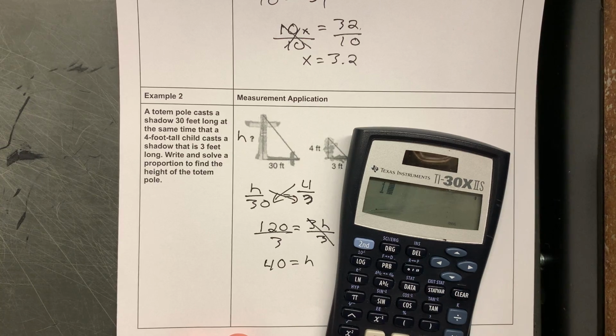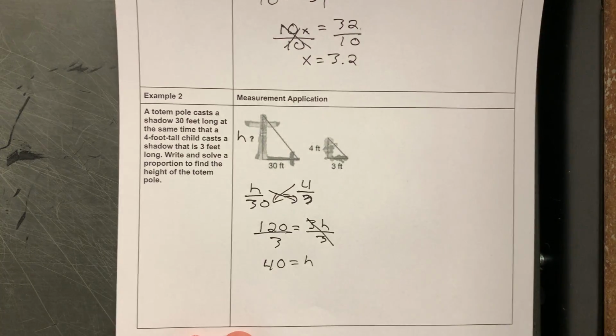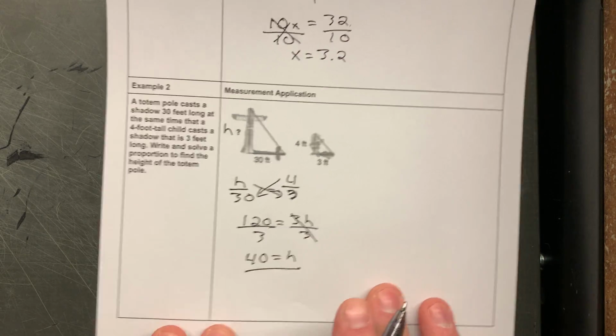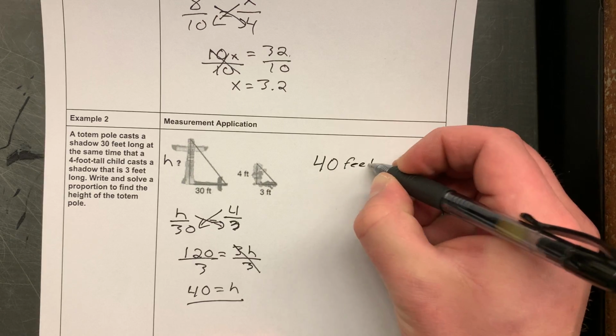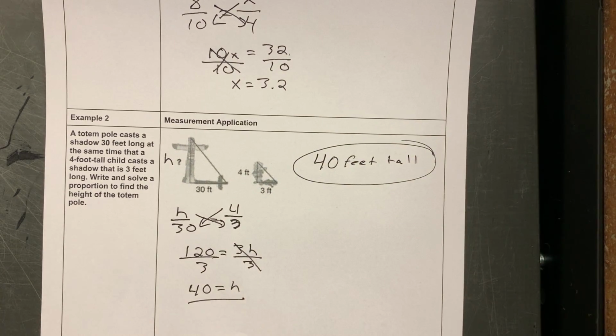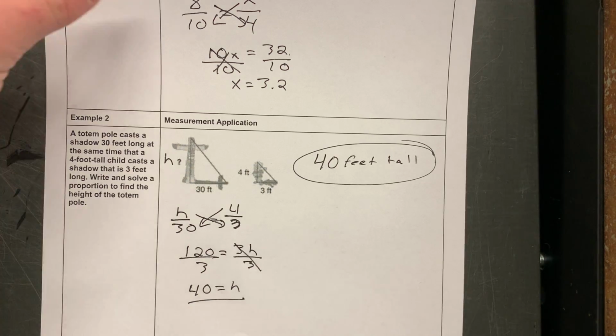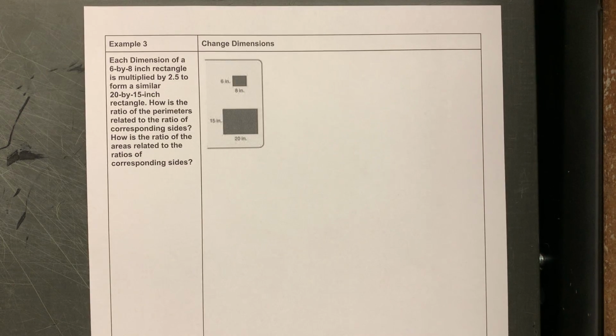Just to show you again. And I need to make sure that I have a label there, so I'm making sure that I'm writing it. It's 40 feet tall. And there's my answer.